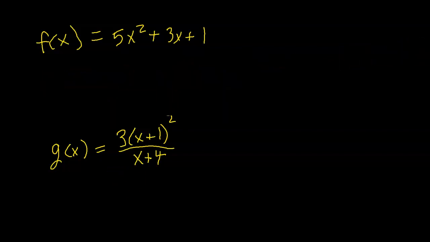Okay, so now let's look at g of x. That's a little bit more complicated, and it looks like I erased a little bit of this here, but this should be a squared applied to the factor x plus 1. It's a little bit more complicated, but not that much. Let's just do g of 1 for now to keep it simple.